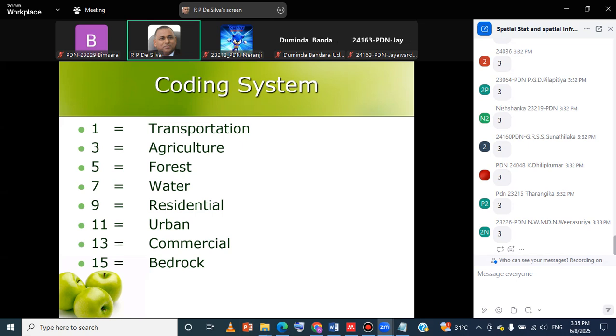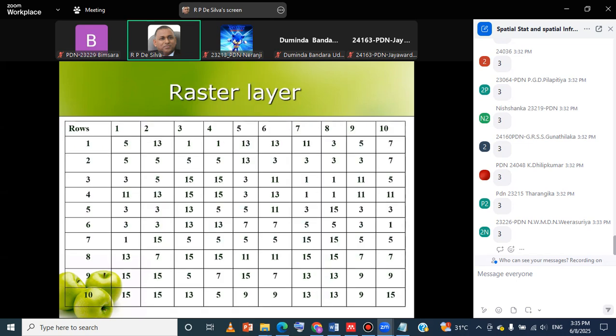Okay. So if we look at the table now, we know what it is when 1 is there. 3, 5, 7, 9, 11, 13, 15, we have values. So we know what land cover or land use we have there. Right?